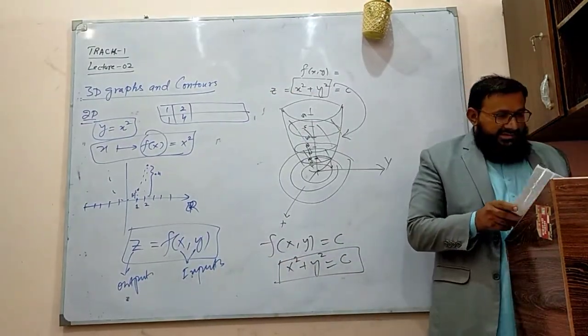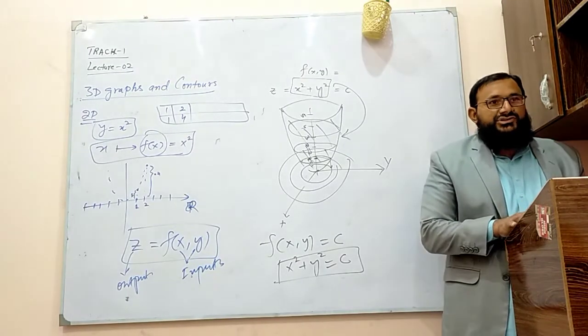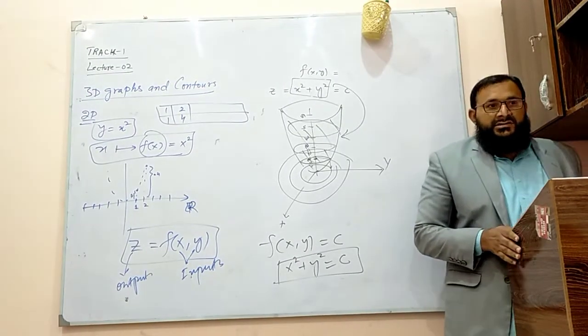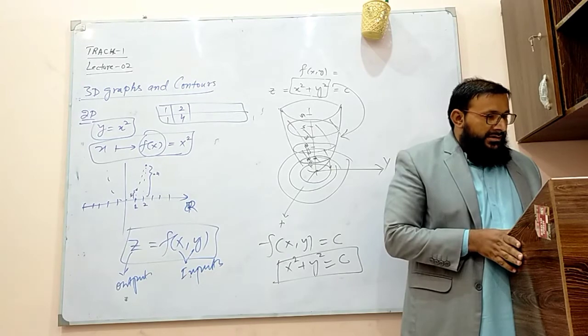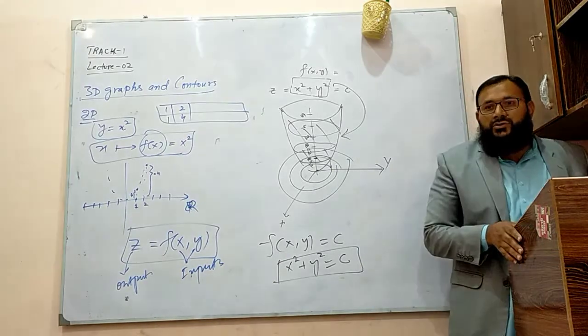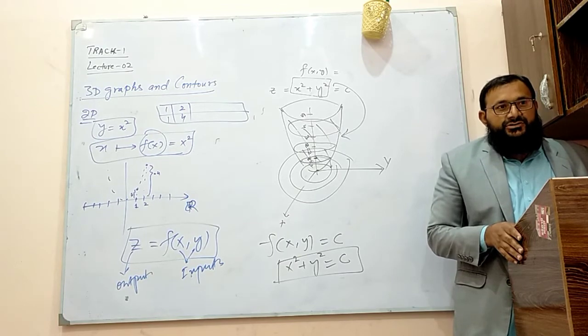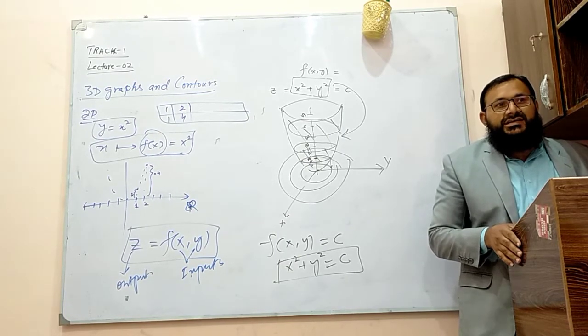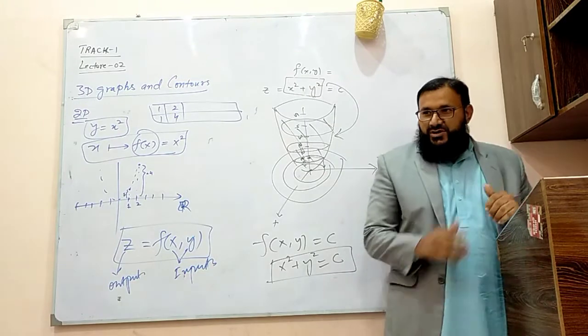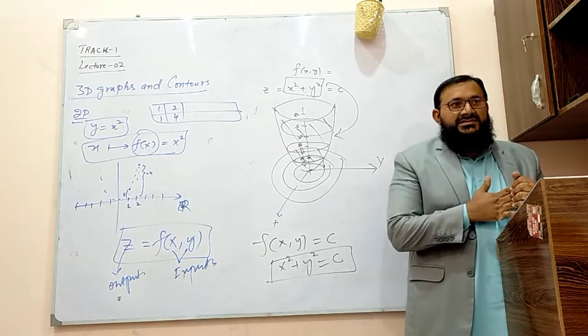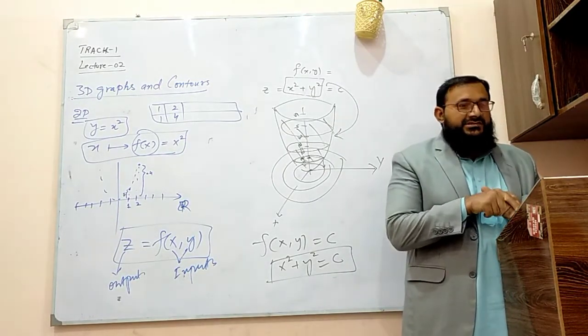Okay, so I think you have a better idea about when you have a 3D curve and you are going to find the contours for that particular graph, and you have a practical example related to mountains as well, because this is applied in topographic maps.